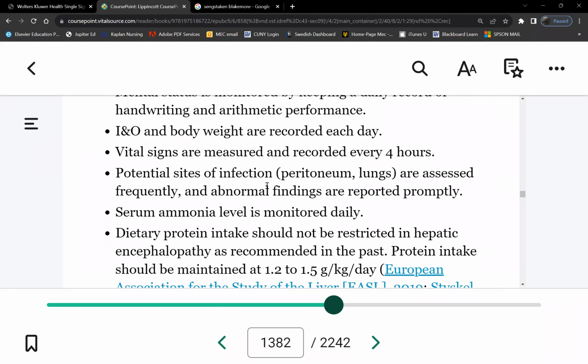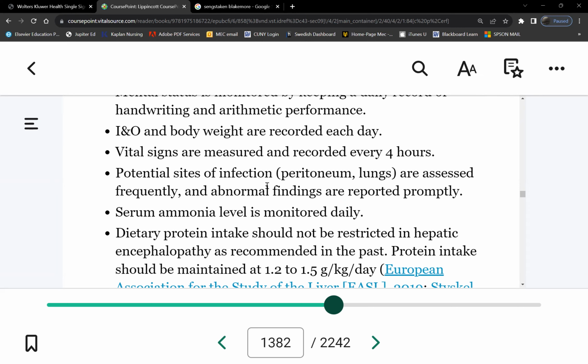And remember I mentioned the dietary protein restriction? Only to this point, okay? Especially after TIPS. So after TIPS, we control protein. The doctor typically draws ammonia levels, so the amount of protein we can give depends on how much ammonia is there. If the ammonia is high, how much protein do we give?